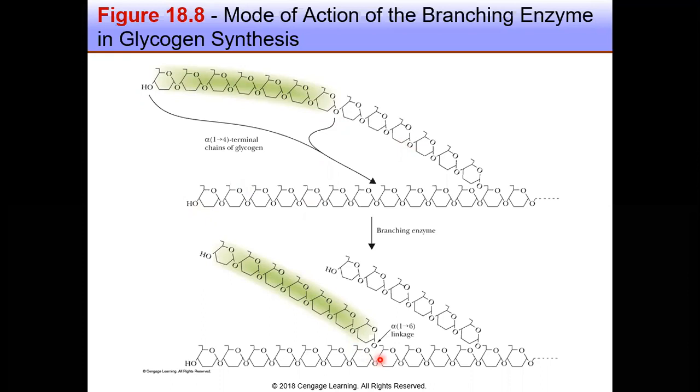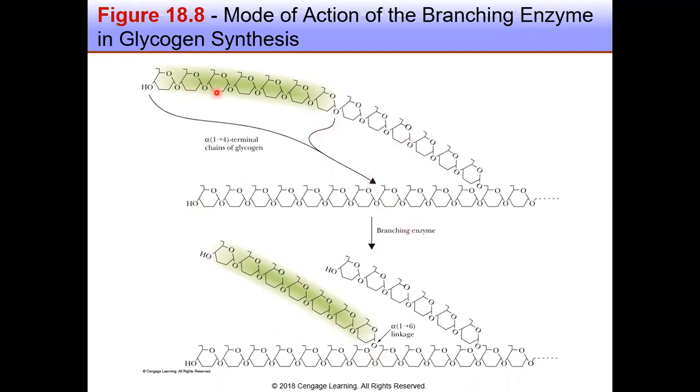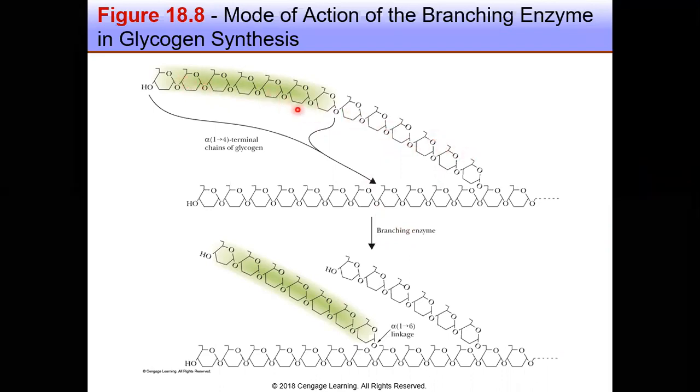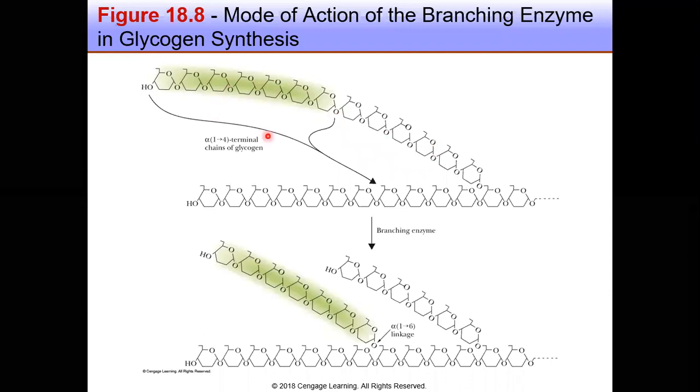Now each transferred segment must come from a chain that is at least 11 residues long. And in order to remove 7, you need this chain length to be at least 11 residues long.